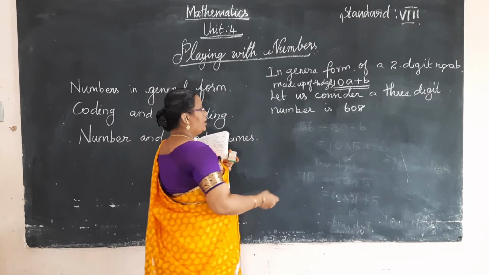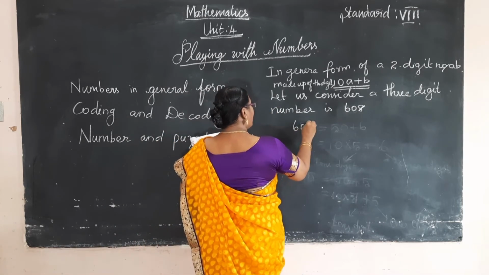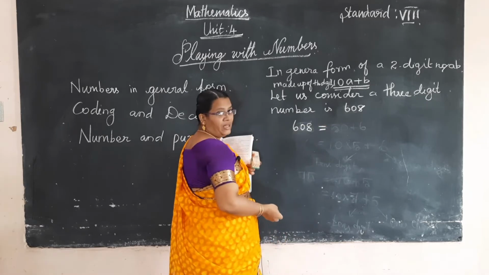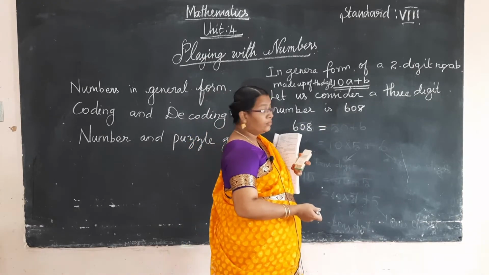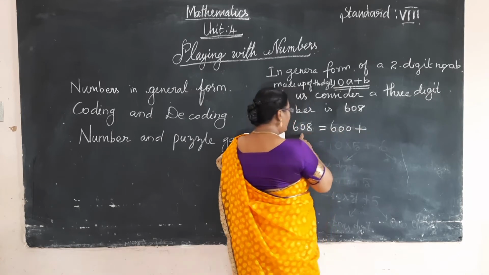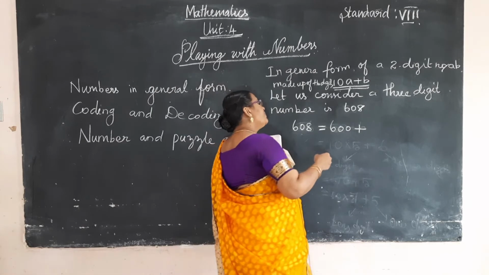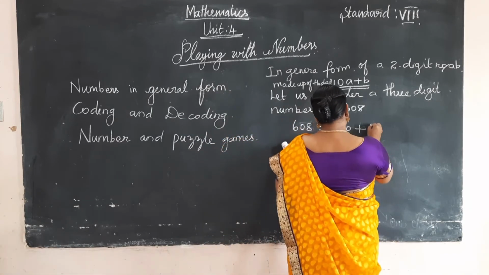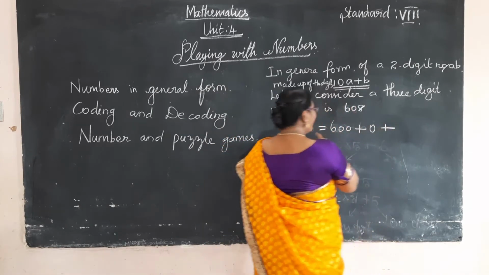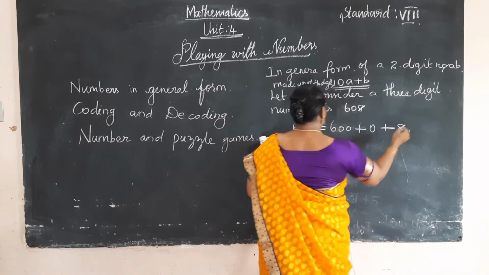How can you write the expanded form? 600 plus how many tens are there? Here tens is there? No. So in this place we write 0 plus how many ones? 8 ones. Okay, plus 8.